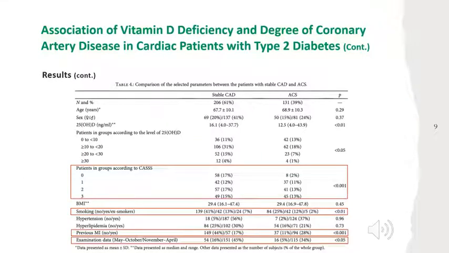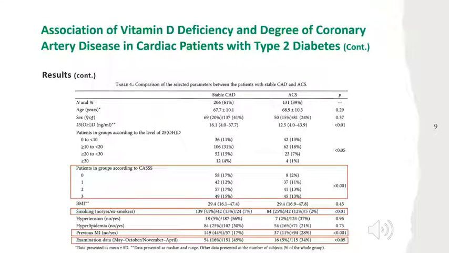Patients with ACS presented significantly lower values of 25-hydroxy vitamin D than patients with stable CAD. There was a statistical significance in the prevalence of patients in the subgroups of CASSS, and there was statistical significance in the prevalence of patients divided according to smoking habits, previous myocardial infarction, and examination data among two groups of CAD status.